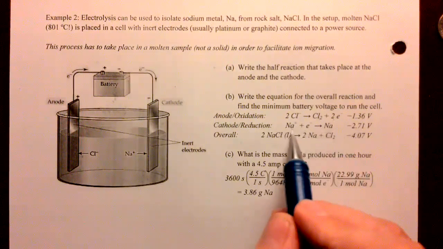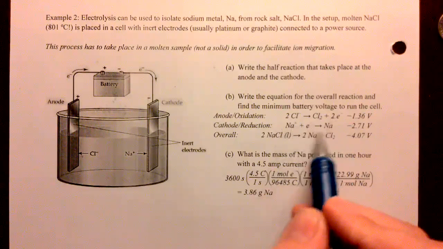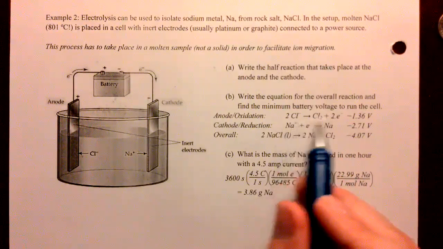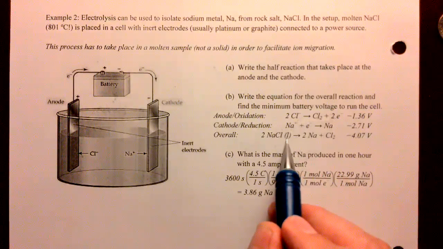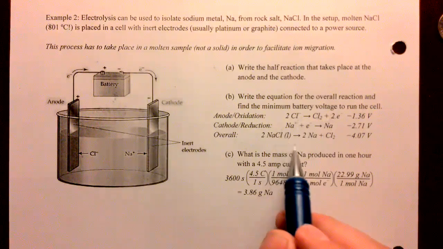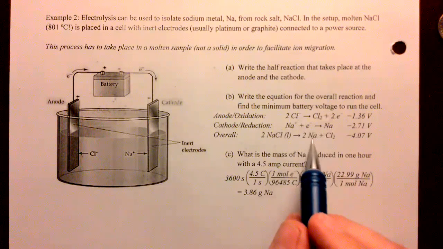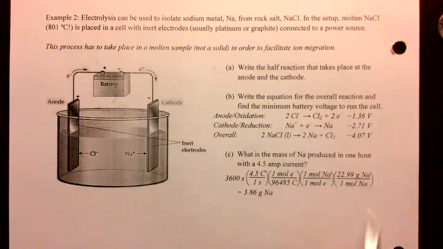So we're going to have to double this line, though, to get the electrons to cancel out, and then combine everything. And remember, that's a liquid because it was melted. It's not a solid. It's not aqueous. And we generate the elemental forms in the end.